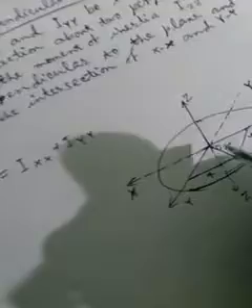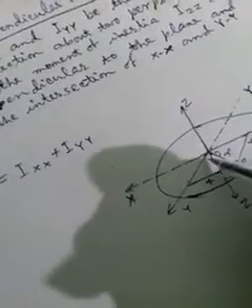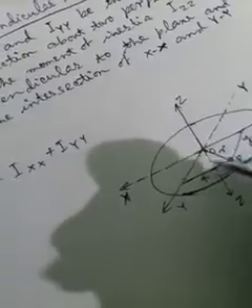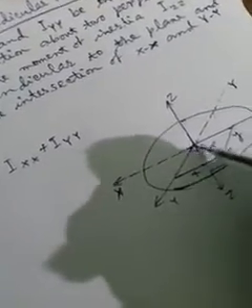Now from the geometry of the figure, as this angle is 90 degrees, with this y and this x, we can say r square equal to x square plus y square.